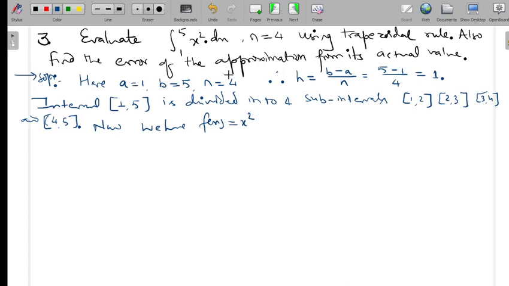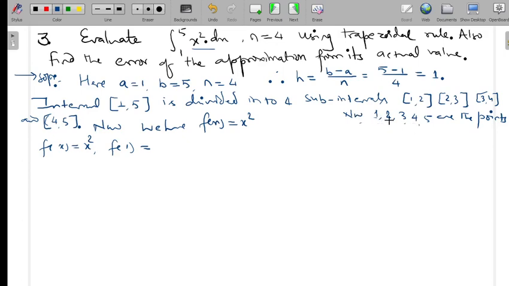Now we have to find f of 1, because the points here, you can mention, 1 2 3 4 5 are the points.